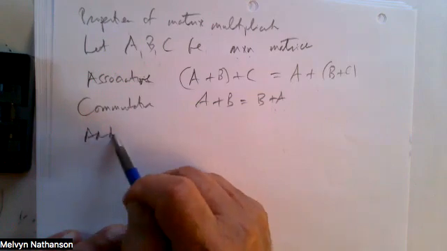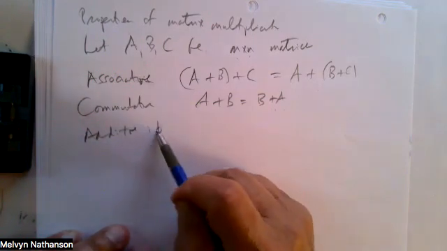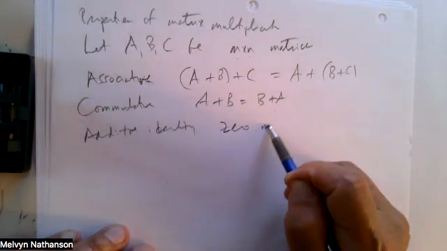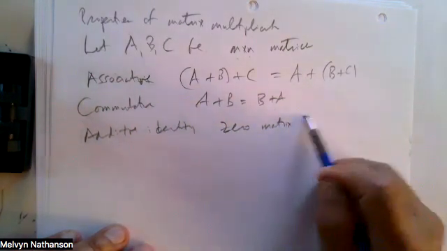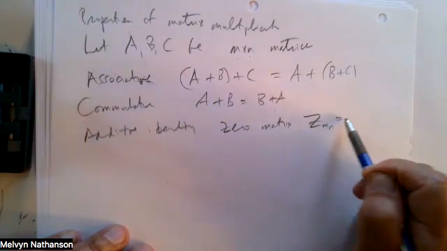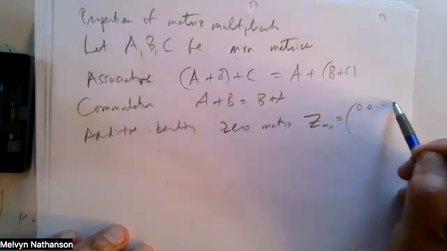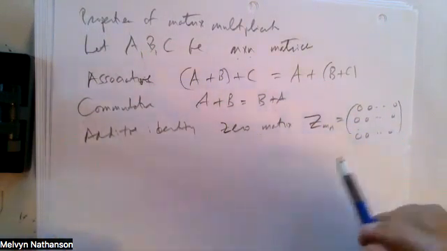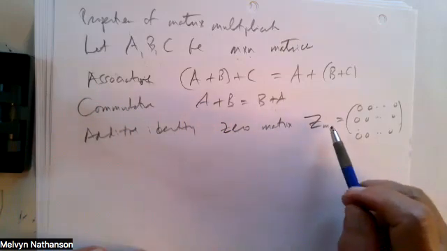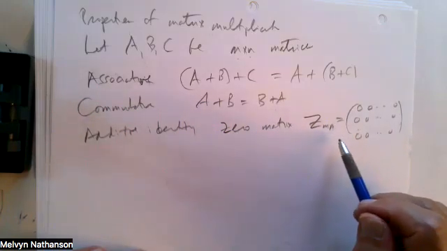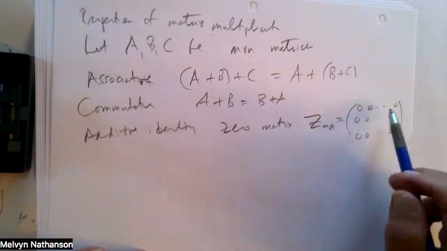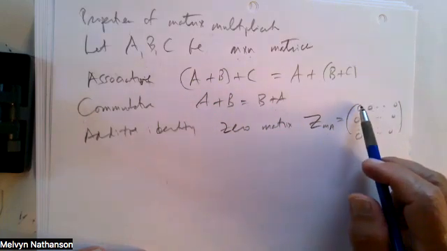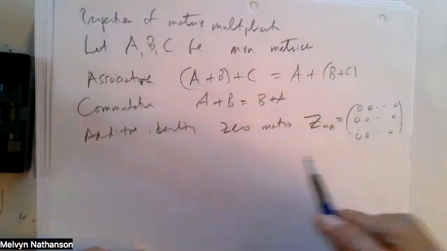There is an additive identity, what we call the zero matrix, Z_mn, where every entry is 0. It's the analog of the zero vector. Z_mn is the matrix consisting of n zeros in every row and m zeros in every column, it's all zeros.